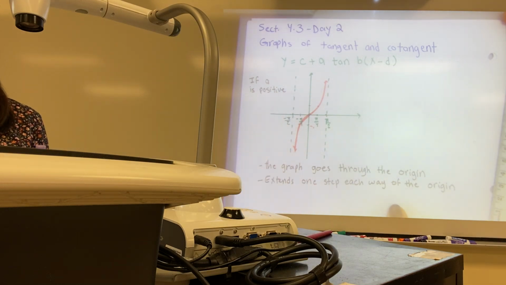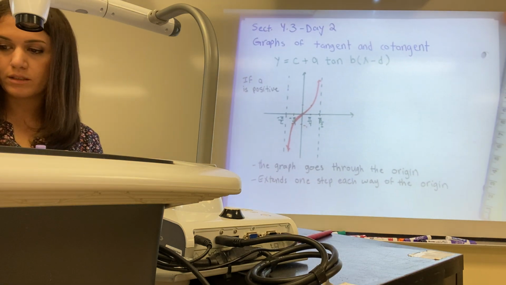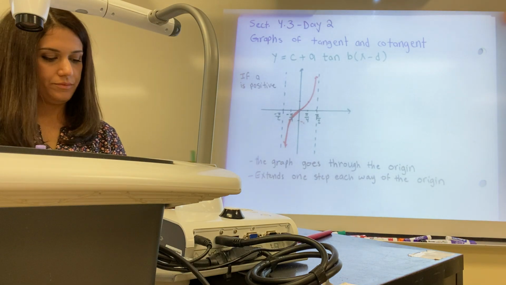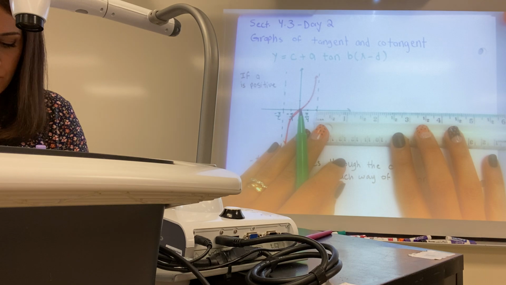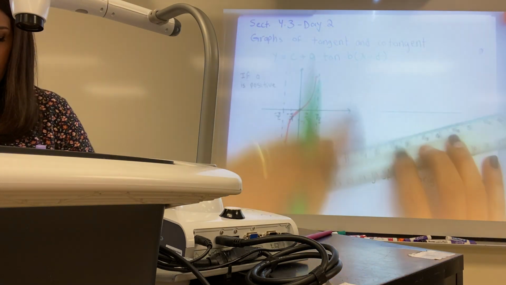Okay, let's look at the graph when A is negative. It won't be the same, but it will be reflected. So this is how the tangent graph will look when A is negative.